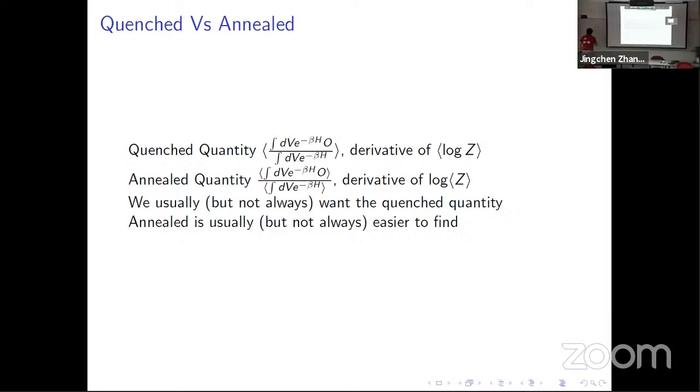So we can ask, what is the integral dx of e to the minus beta V1 plus e to the minus beta V2, times whatever our quantity we're interested in is, divided by the integral dx of e to the minus beta V1 plus e to the minus beta V2. People understand how that's the annealed average?